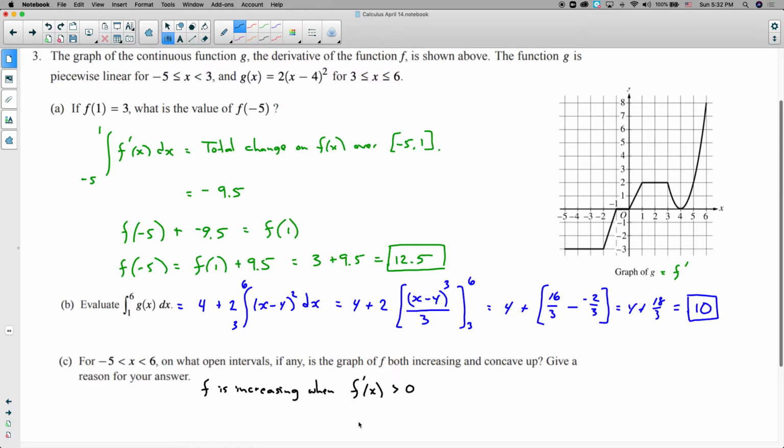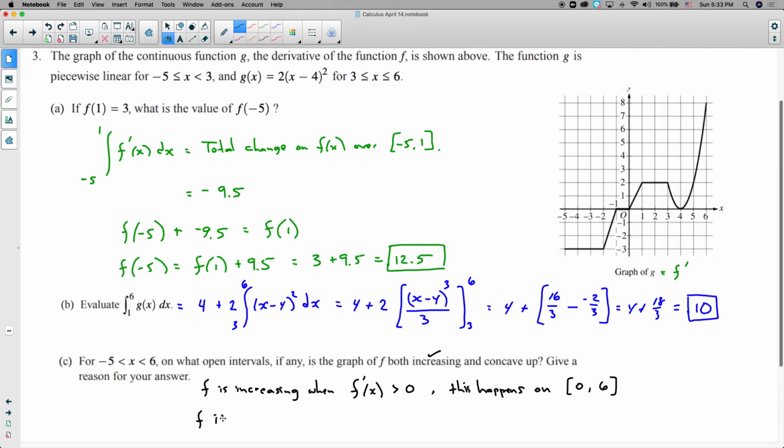When the rate of change of f is positive, f is on its way up. So this happens on, let's get these intervals where f prime is positive. This is f prime. f prime is positive from 0, all of these are above the x-axis, so from 0 out to 6. Okay, that's that part. Now we need to move on to concave up.